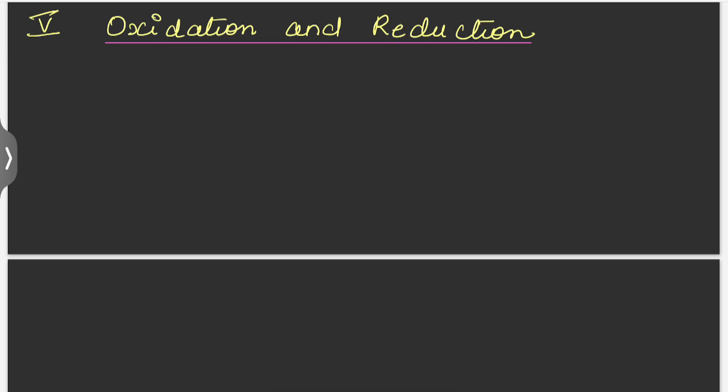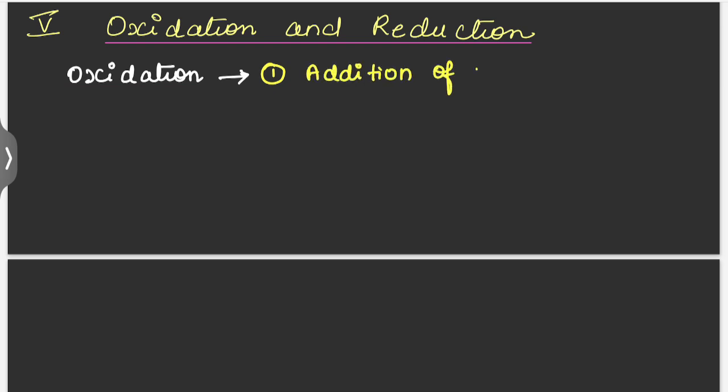So let us start the video now. First, let us see what is oxidation. For oxidation, we have four definitions, but you need to learn only two. The first definition is addition of oxygen.